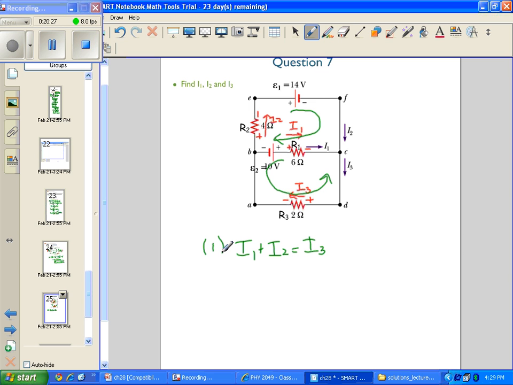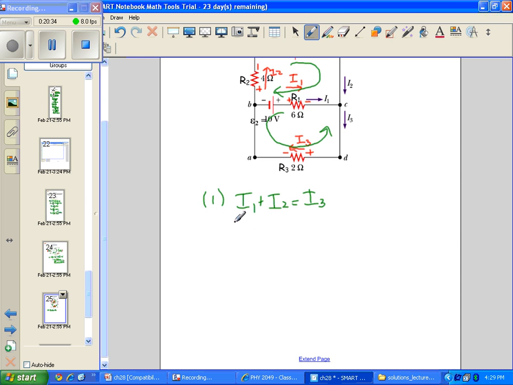So let's start with the top loop to give us equation 2. I'm going to start with the battery, the 14-volt battery.